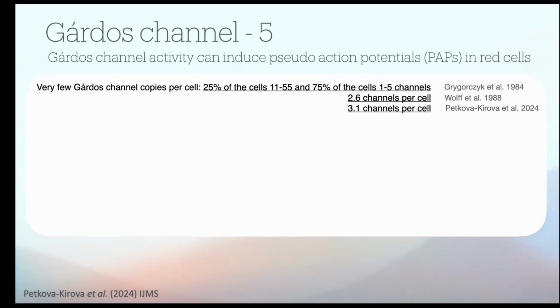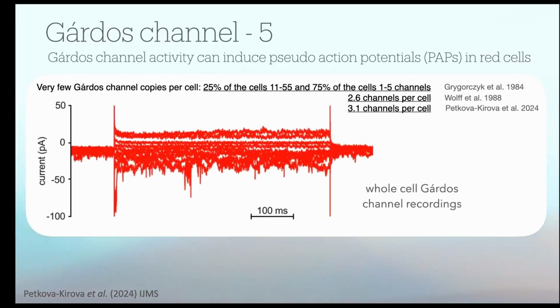Of course, these are functional channels because we measure patch clamp. So the protein number might be bigger, and it's also an average value. So a particular cell may have a little more or even less. And now I think I show the only patch clamp measurements that were indeed recorded with a patch liner. And these are whole cell Gardos channel recordings.